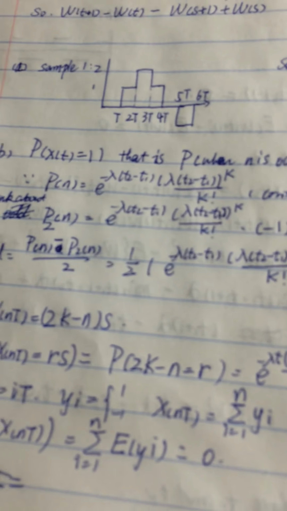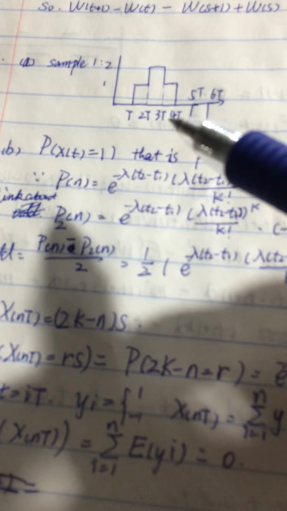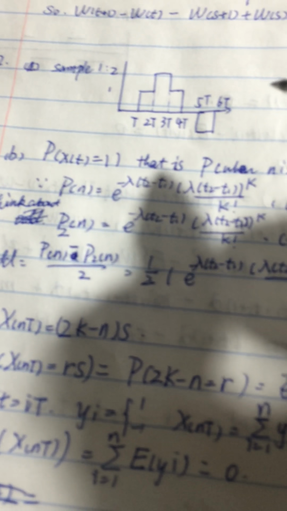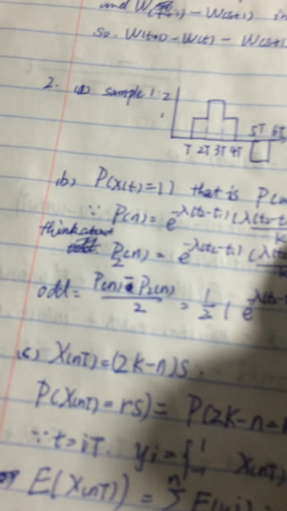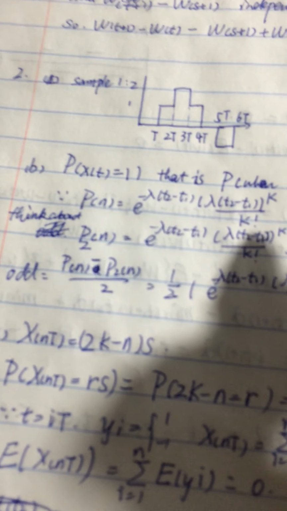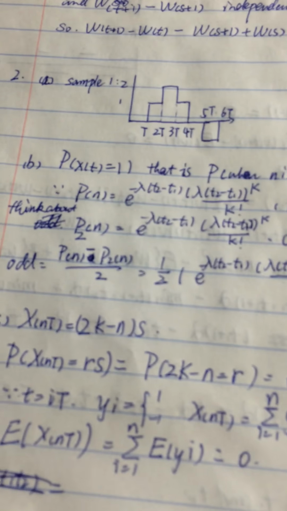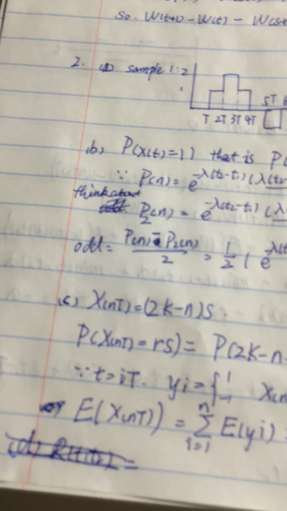So Xt equals 1 means that n is odd, right? So we want to find the probability that n is odd.